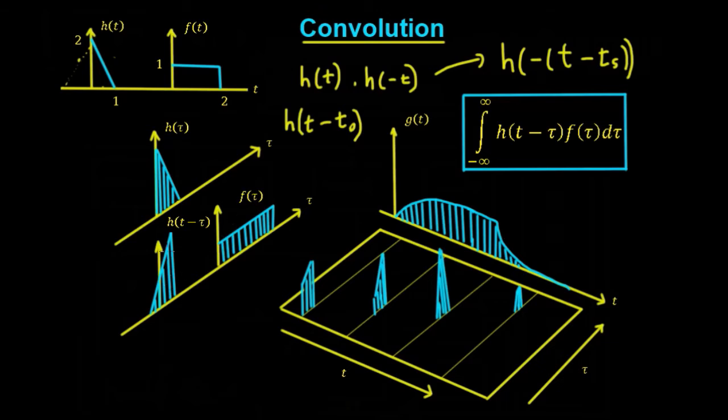For example, we're going to slide this function over the top of this one and work out the area, then slide it another little bit and work out the area, and then slide it another tiny little bit and work out the area. So we're continually sliding this along in the t-axis. So this other value here, t s, is going to be a parameter. We have an independent variable t, and a parameter of time t s.